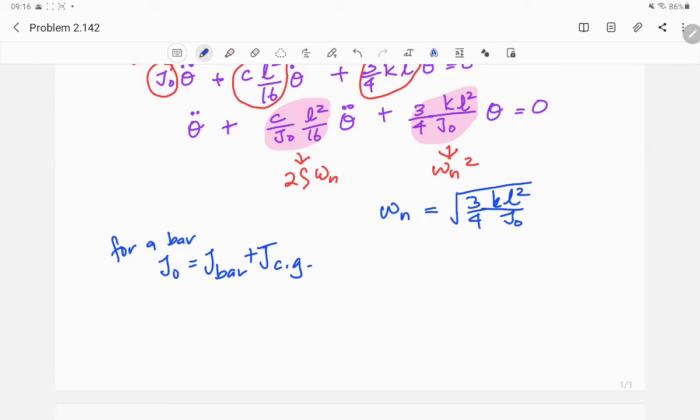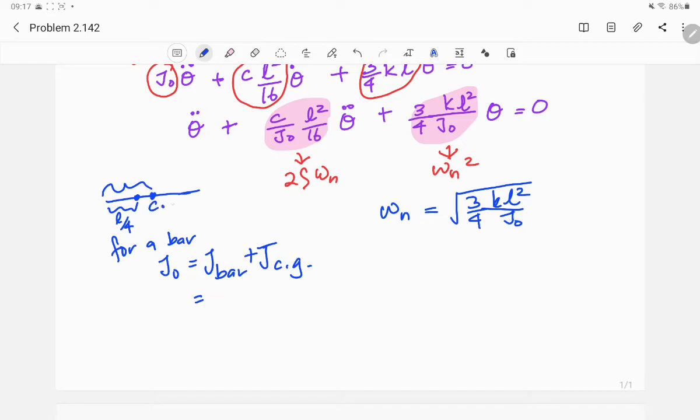Normally in the test or in the final we will give you all the equations. It's just that your pivot point is at L over 4, whereas the center of gravity of the bar is normally at L over 2.